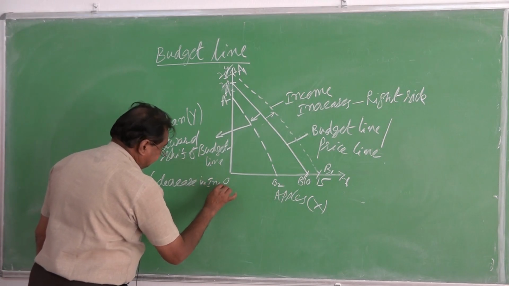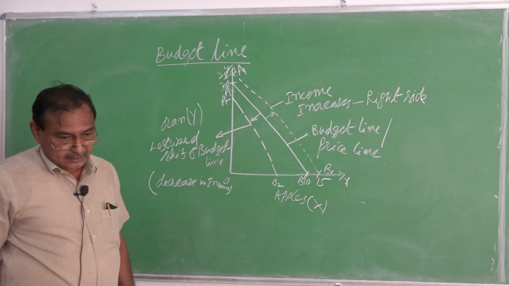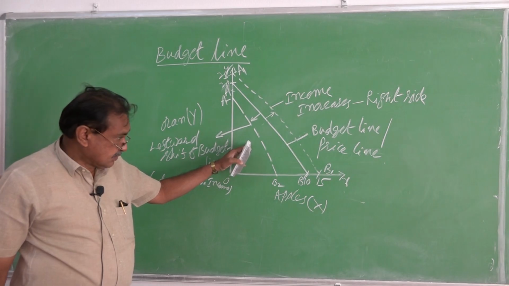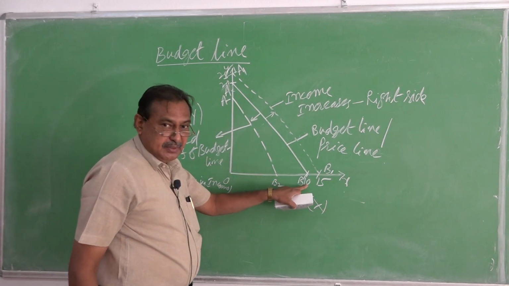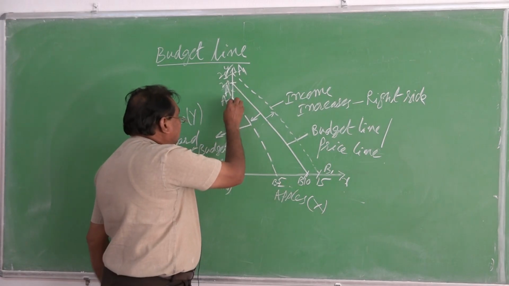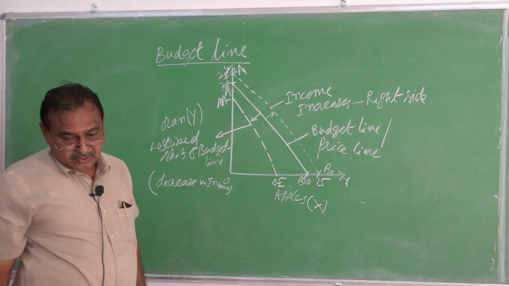If you have only 50 rupees, you can't purchase 10 apples. You may purchase 5 apples. In place of 20, you may purchase only 10 oranges.